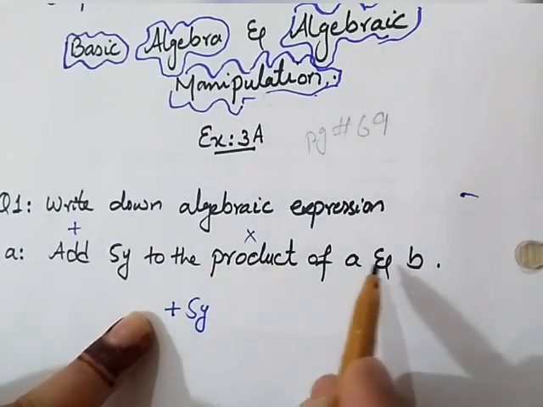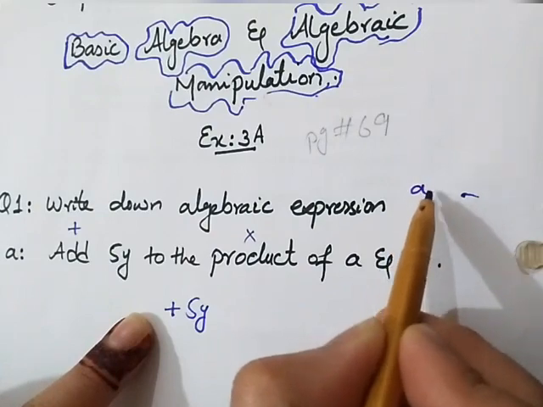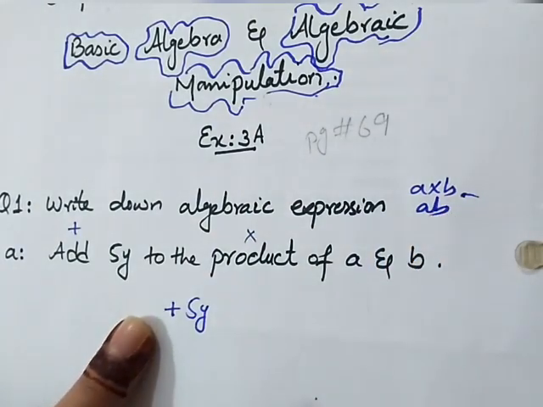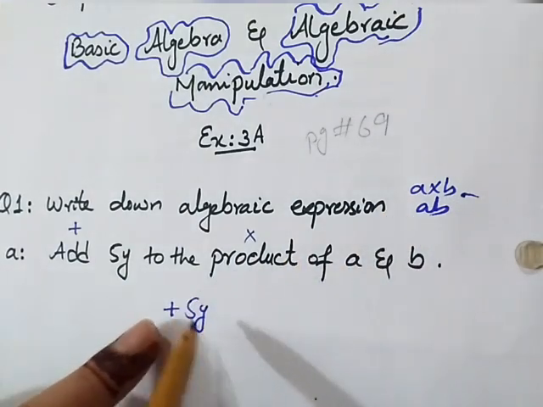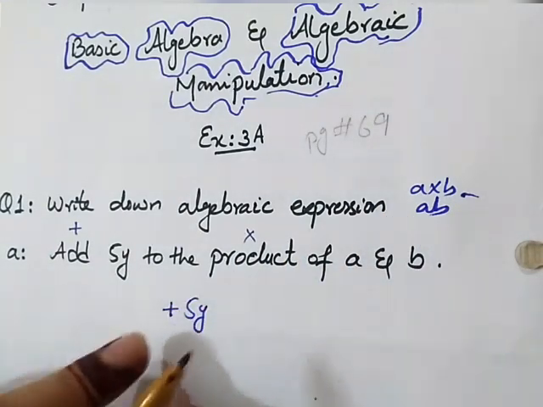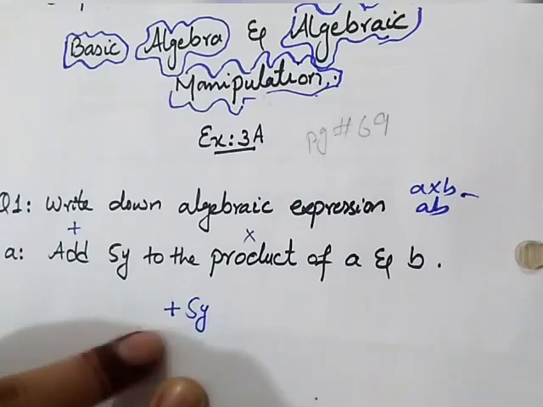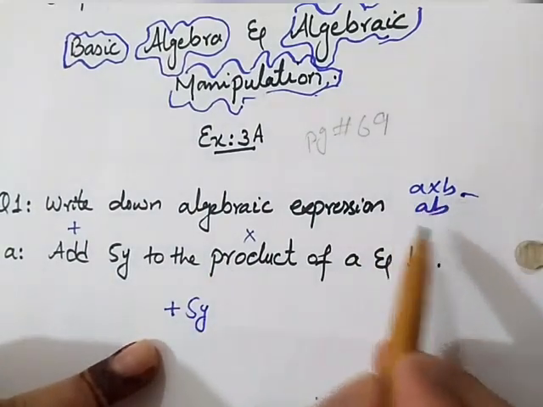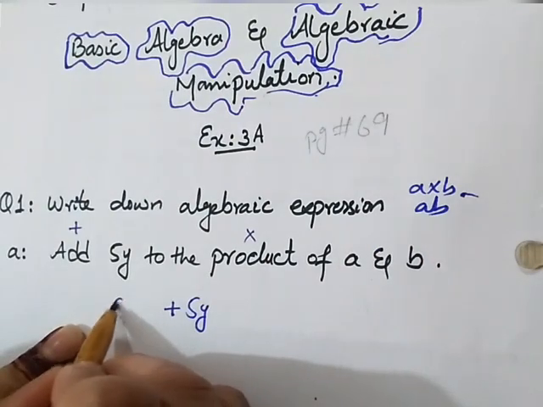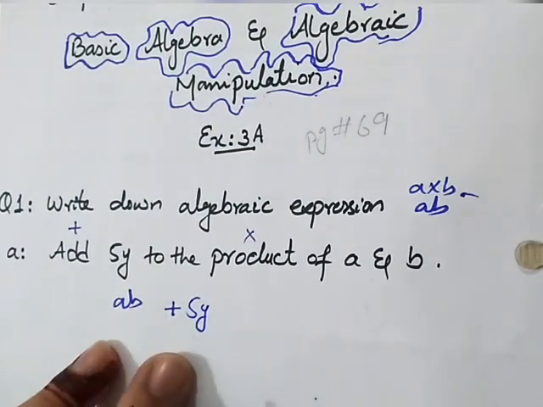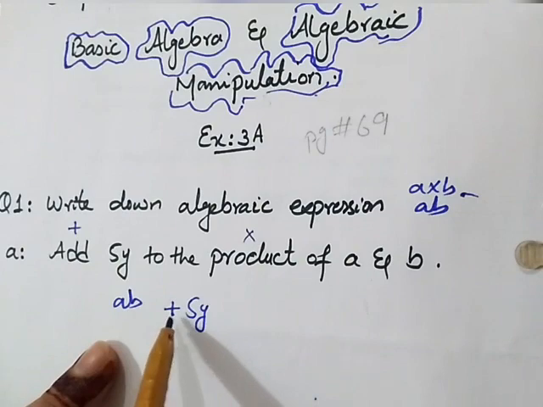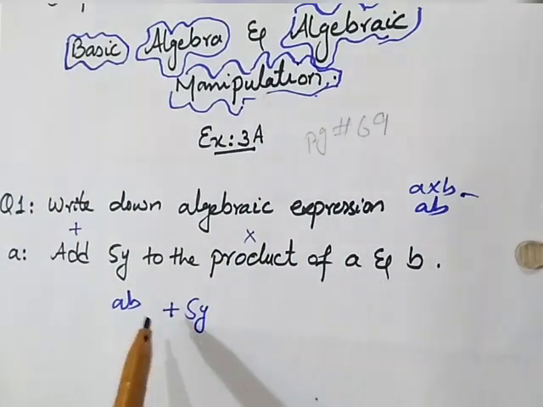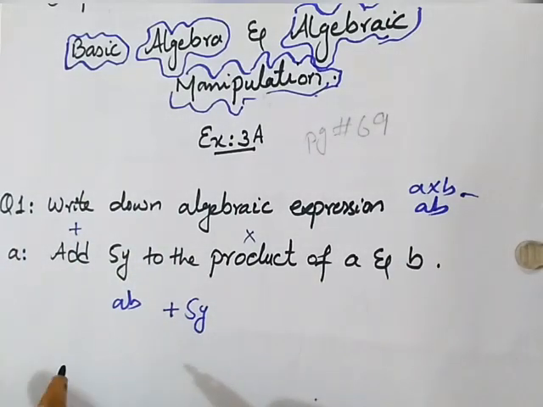So the product of A and B means A multiplied by B, which is AB. So we put the symbol plus 5y, and 5y is going to be added to the product AB. So it is done with part A.